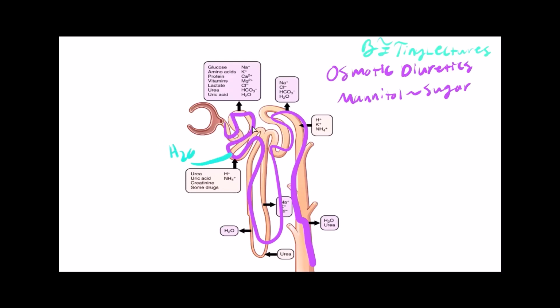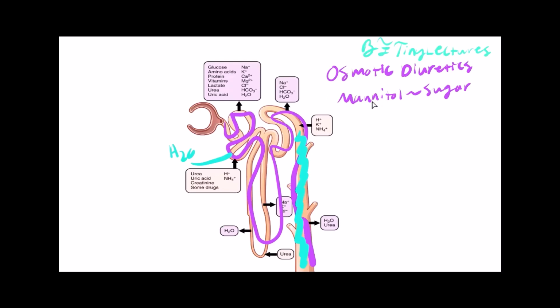And so overall, the amount of water is going to increase, and that's going to leave as urine. So mannitol is given via IV, and it increases the amount of water that we excrete because this mannitol cannot escape from the tubules.